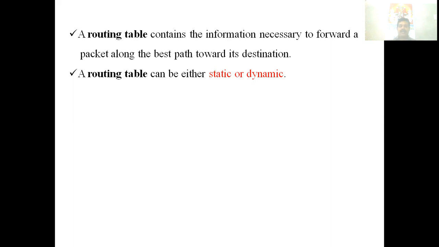A routing table can be either a dynamic one or a static one. There are two types of routing tables: a static routing table and a dynamic routing table. A static routing table is one with manual entries.